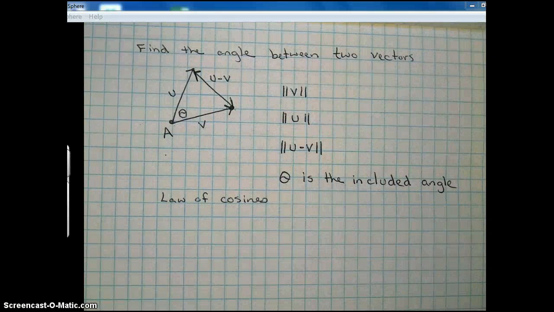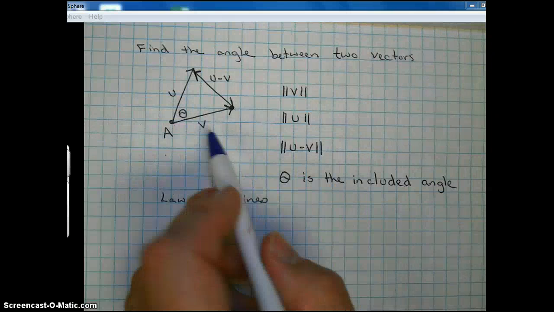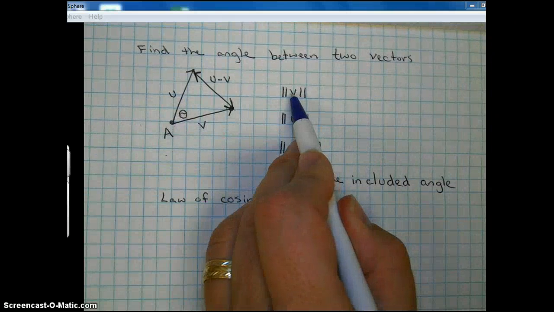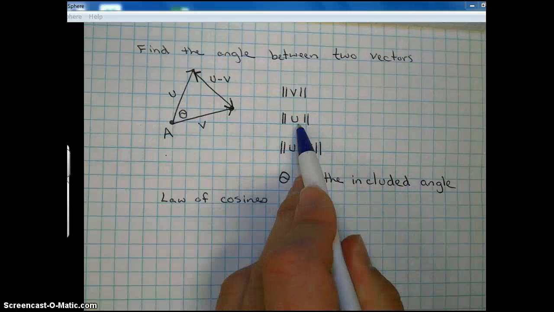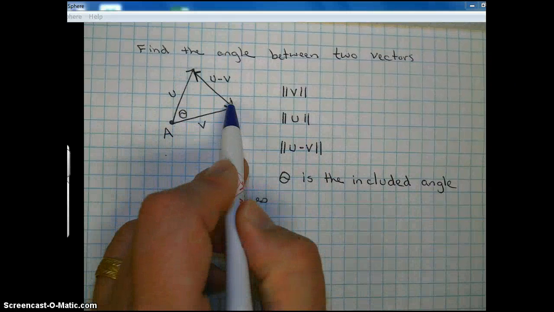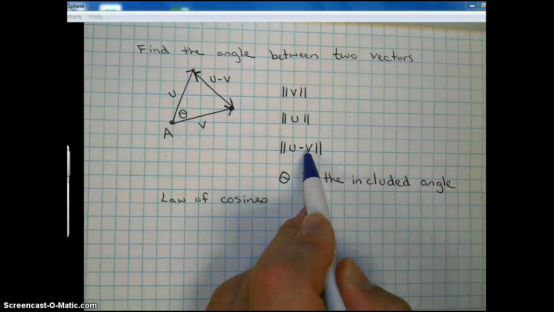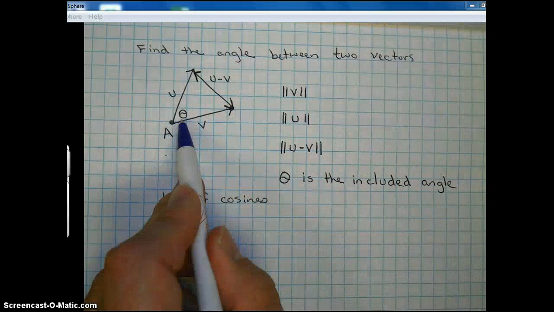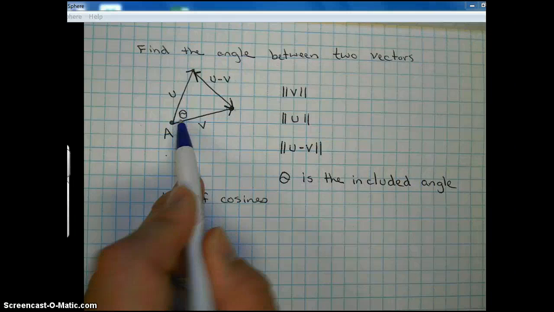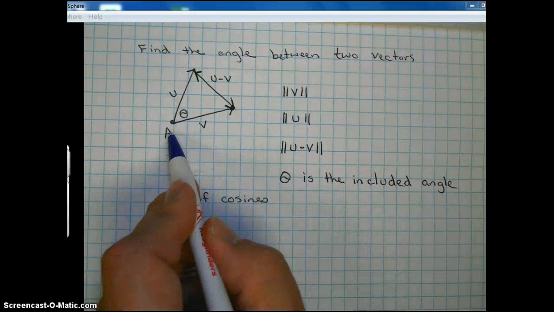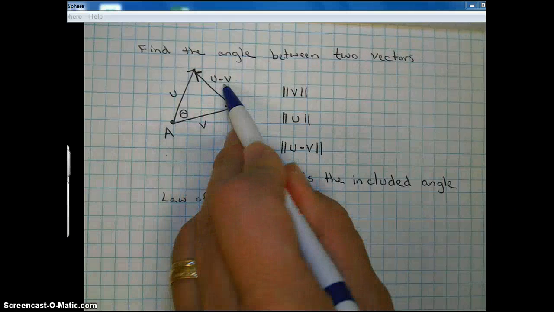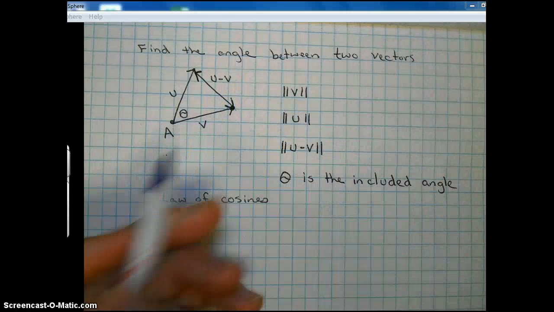So what we want to do is find the magnitude of vector v, the magnitude of vector u, the magnitude of vector u minus v, and then theta is the included angle here. So if you'll recall from the law of cosines, if this was A, this would be opposite A, little a.